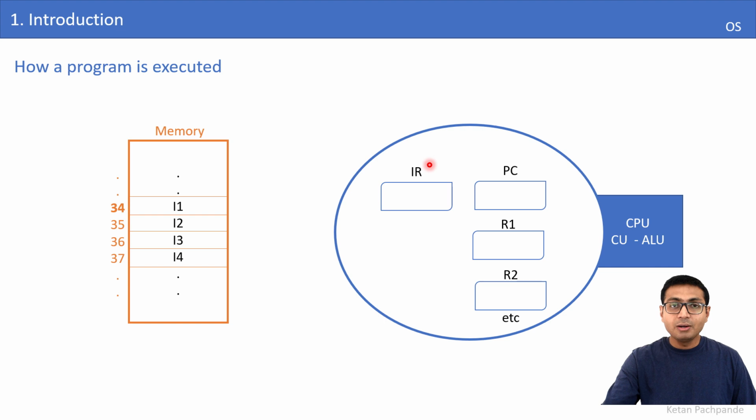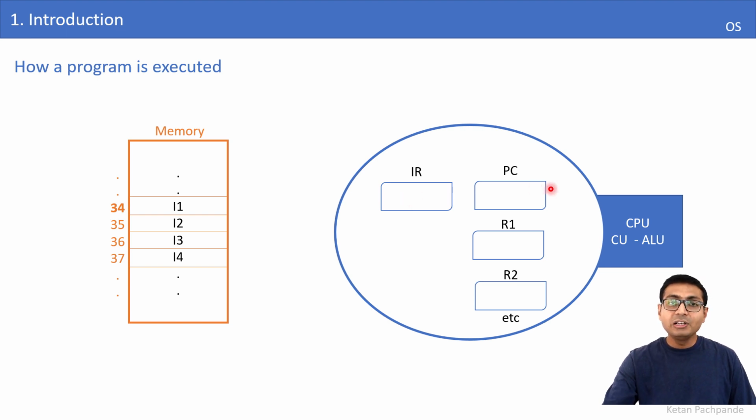Instruction register's job is to hold the instruction from memory. So I am going to just copy this instruction from primary memory, that is I1, here into the local memory of CPU.